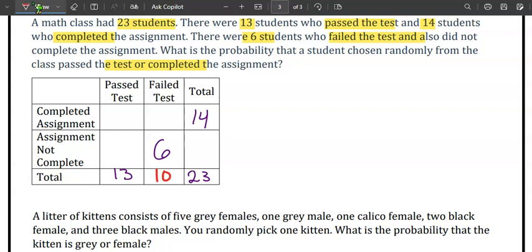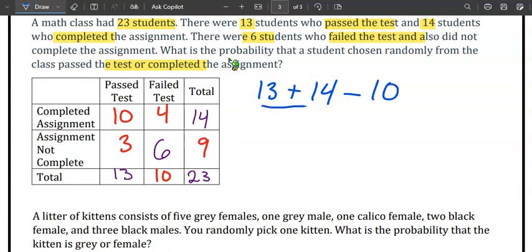Alright, we have 10 right here, 4, 10, 3, and 9. Now what we could do here, let's find the people who passed the test. That was 13. The people who completed the assignment, 14. And then subtract the people who both passed and completed the test. And divide that by the total amount of students, 23.